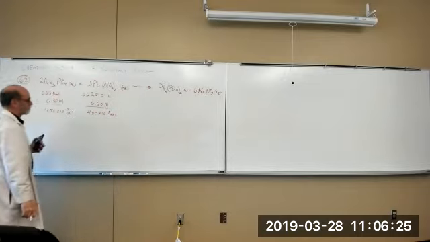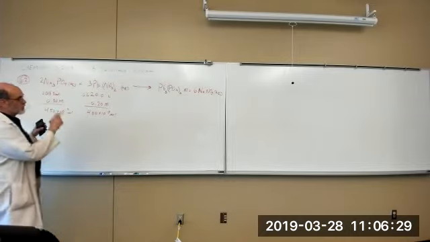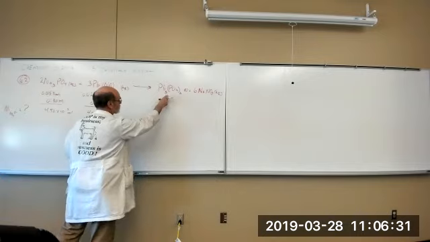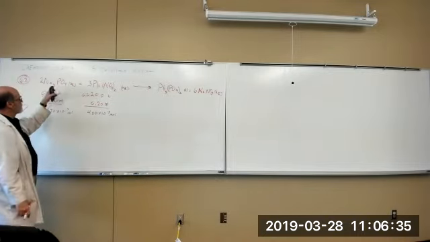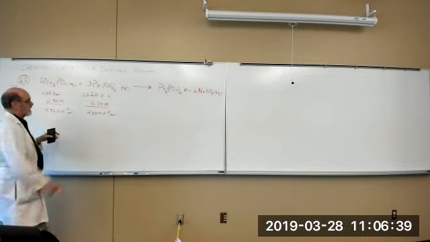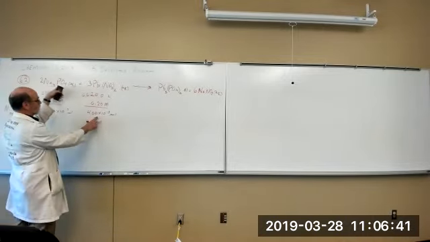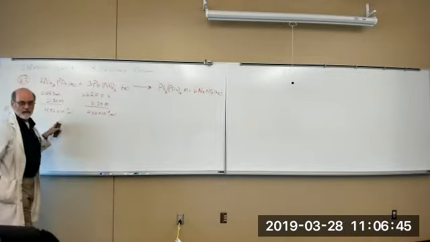Now, we've got to convert to our solid, because that's going to tell us how much of this is used and whether it's limiting or not. If this is limiting, then we'll have some of this left over. If that's limiting, then all of it's used up.